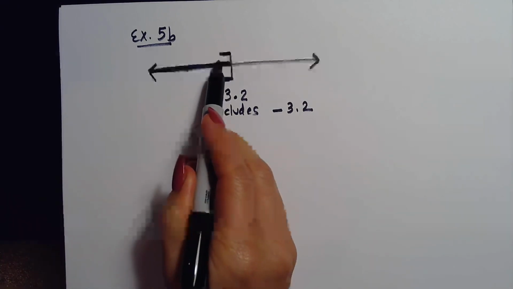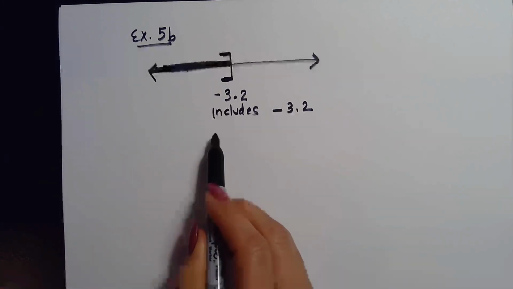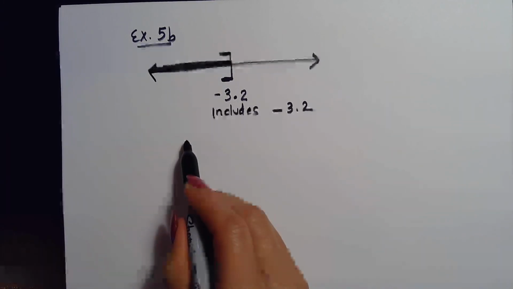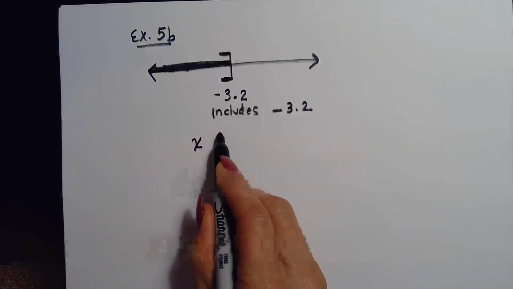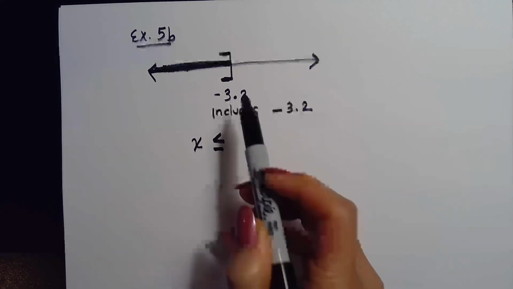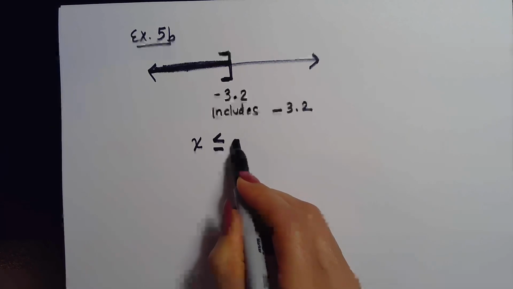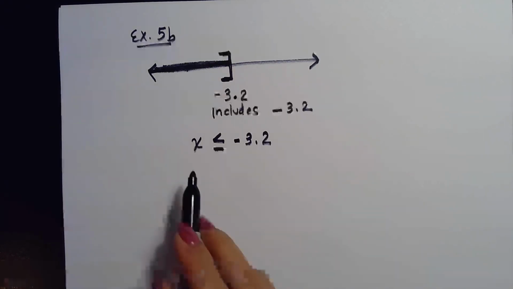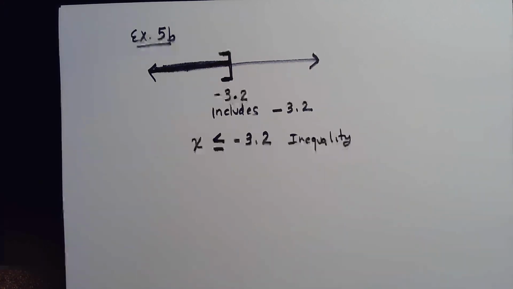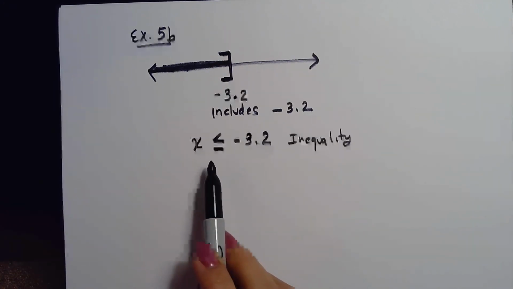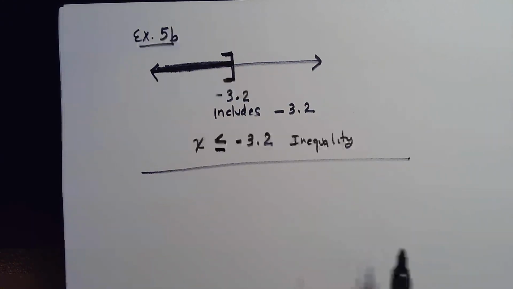Because the graph is shaded towards the left, you can use x or any variable, but I think the homework uses x, so you write x is less than or equal to, because it is closed, you have to write the equal here, negative 3.2. So the inequality for the graph is x is less than or equal to negative 3.2. Okay, so that's example 5b.